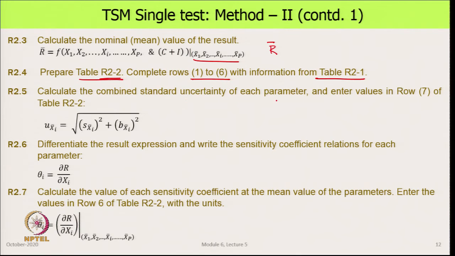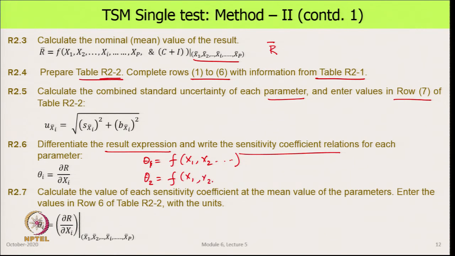Calculate the combined standard uncertainty of each parameter and enter in row 7. So, now the uxi bar is equal to square root of sxi bar square plus bxi bar square, we will write it there. Then we will do a differentiation of the result expression and write the sensitivity coefficient relations. So, theta 1 as a function of x1, x2 like that, theta 2 as a function of x1, x2, some other function.